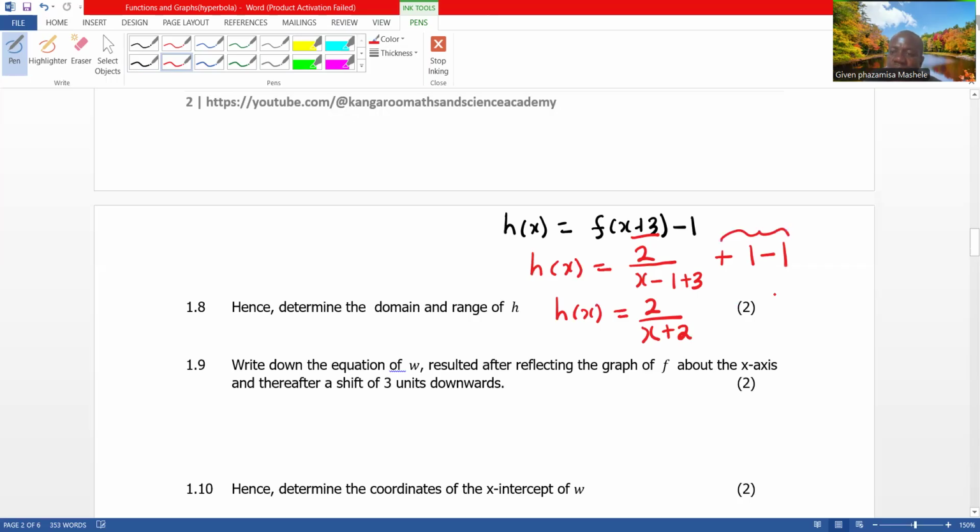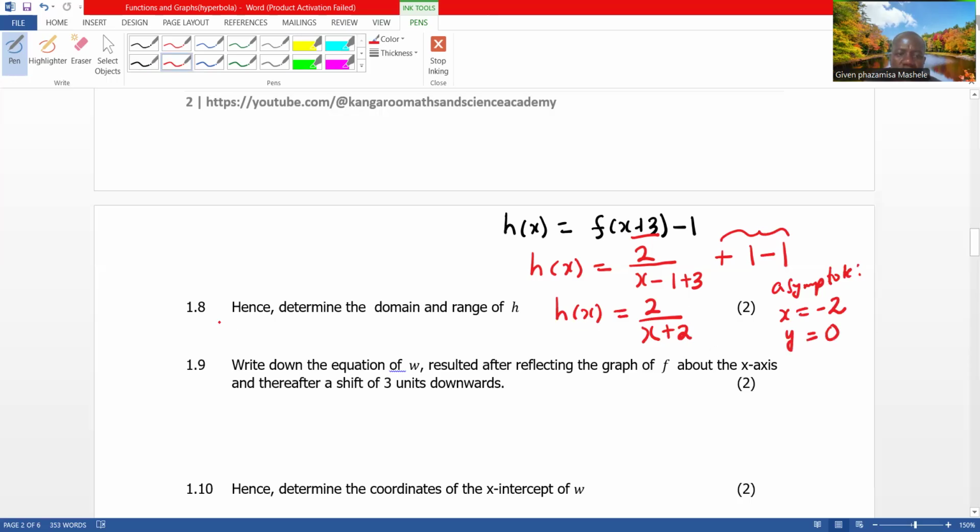So what does this mean? It means the asymptote now of h will be x equals to negative 2 and y equals to 0. So it means for q it's 0.